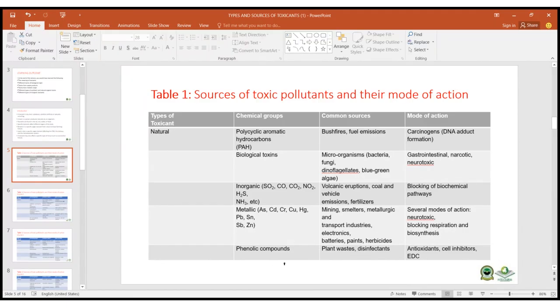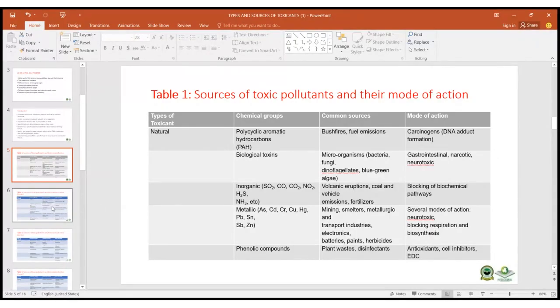Then we also have phenolic compounds, and the sources of phenolic compounds are plant waste and disinfectants, and their mode of action is that they act as antioxidants, cell inhibitors, as well as endocrine disrupting compounds, that's EDCs.